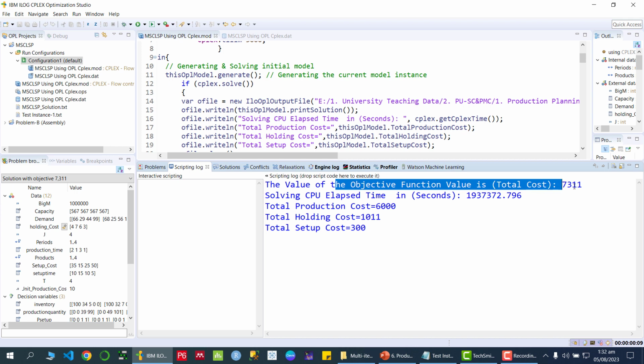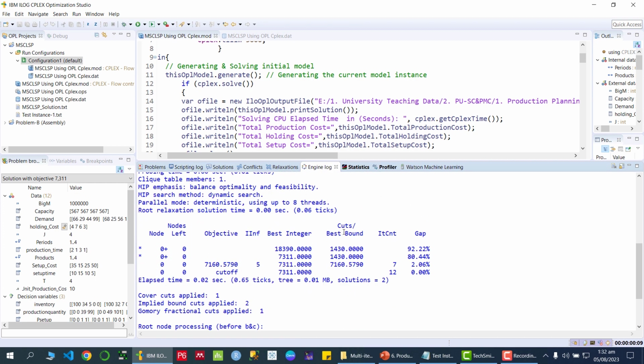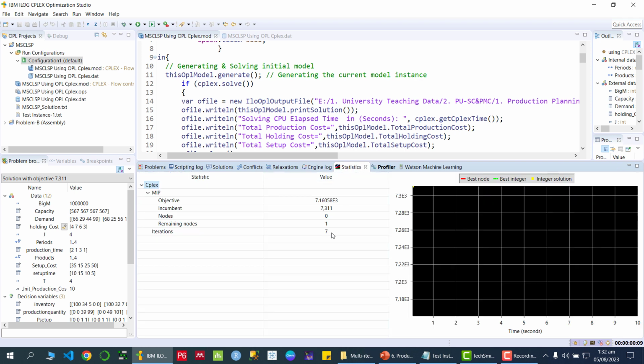This is indicating the total cost, this is how much time it has taken, this is the production cost, holding cost, setup cost. Obviously the sum of these is the total cost. In the engine log it is showing me the different algorithms. In statistics, this is the objective function value and so on, right?